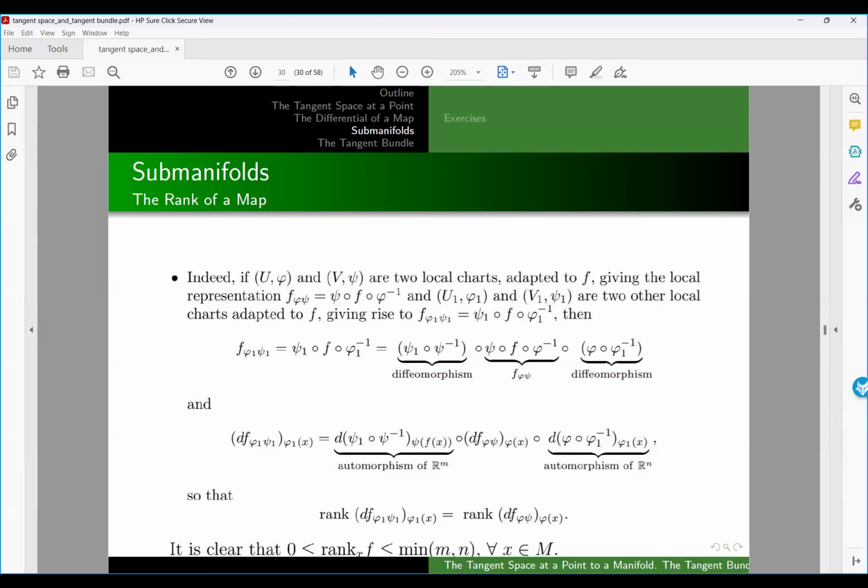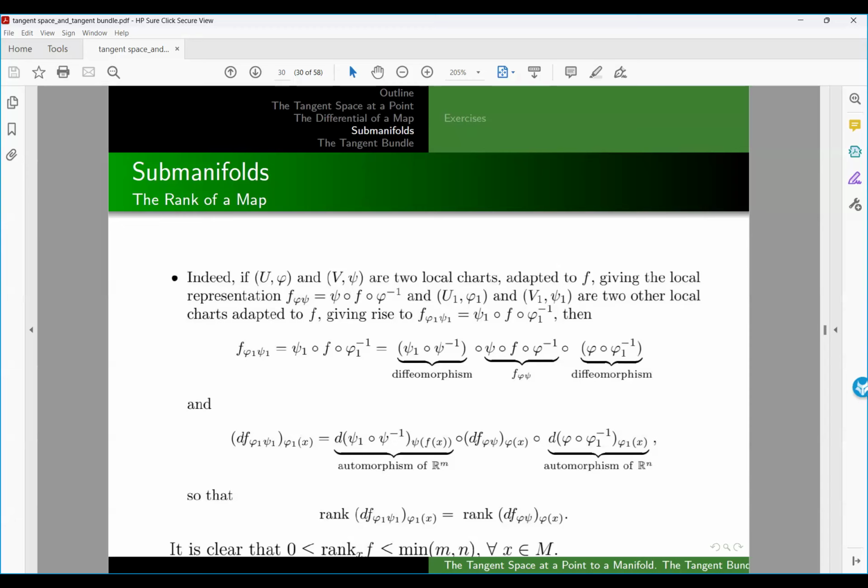But when we apply the differential and the chain rule for the differential, remember the chain rule acts on differentials of functions, then the differentials of the diffeomorphisms will be automorphisms of Rn, right? So the rank doesn't change. They will not change the rank. You will have some square matrices there which are non-singular.